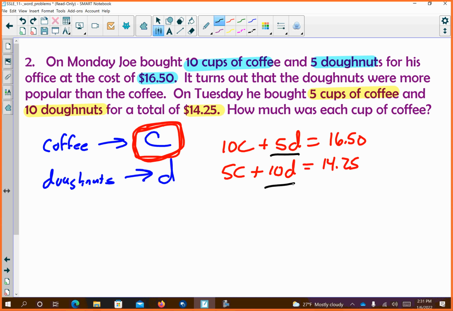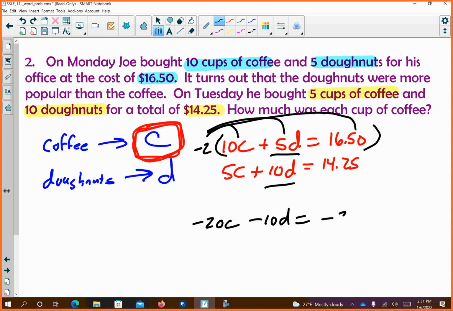So what should we multiply to make our D's opposite value? Negative's right, but negative what? Negative 2. Okay, so negative 2 times this, that's going to give me negative 20C, negative 10D equals, I believe that's negative 33.